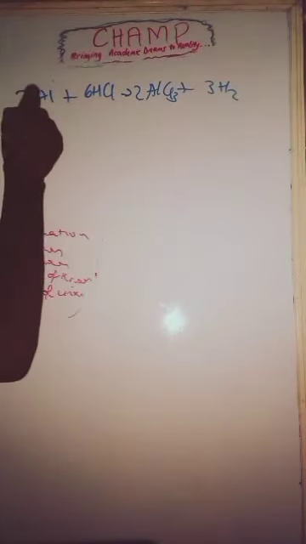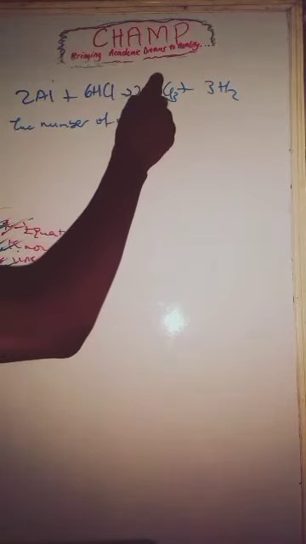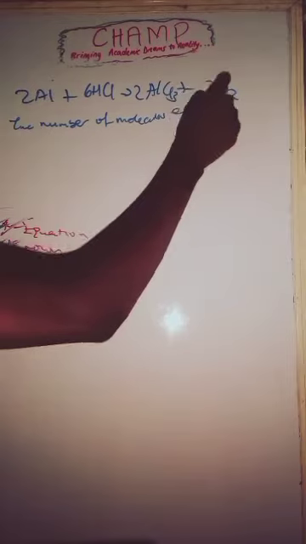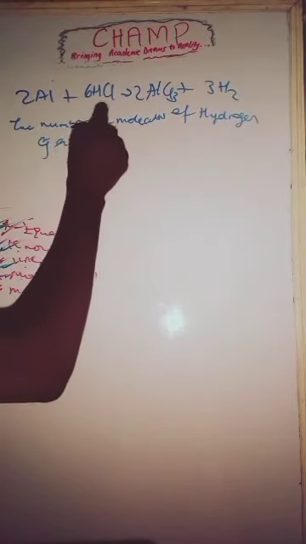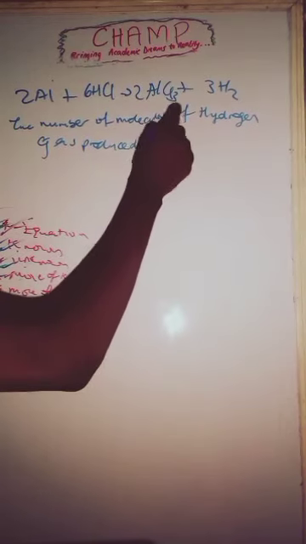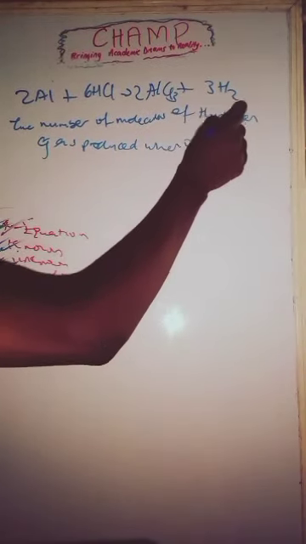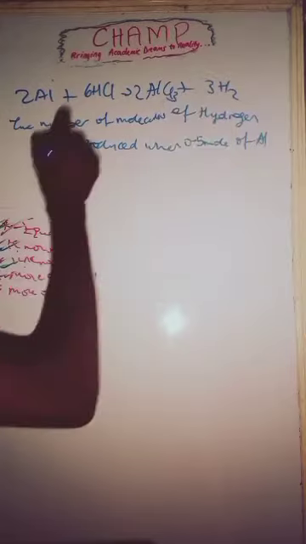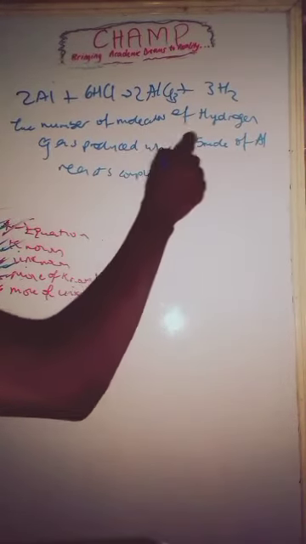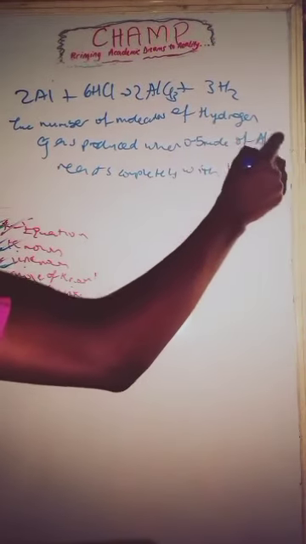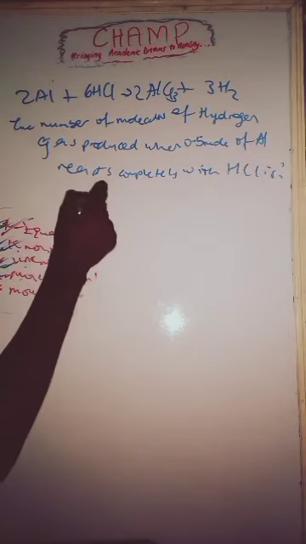So they said the number of molecules of hydrogen gas produced when 0.5 mole of aluminium reacts completely with excess HCl is. So this is the question. Yes, write your equation of reaction you've been given.